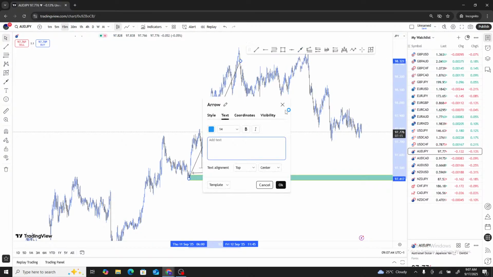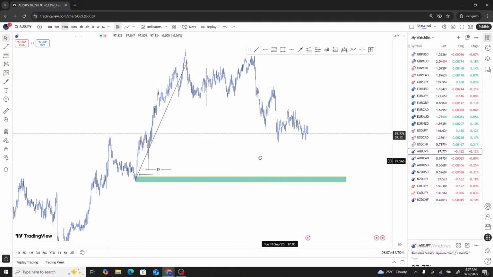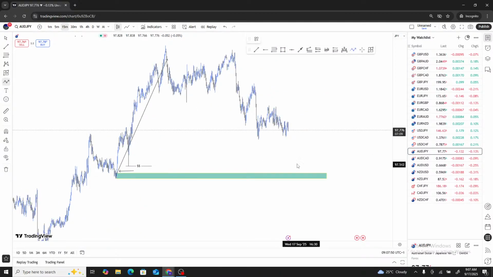So what do we expect from this pair? We expect that price comes down to our order block and gives us a confirmation entry and continues to the upside. That's what we are expecting in AUD JPY.